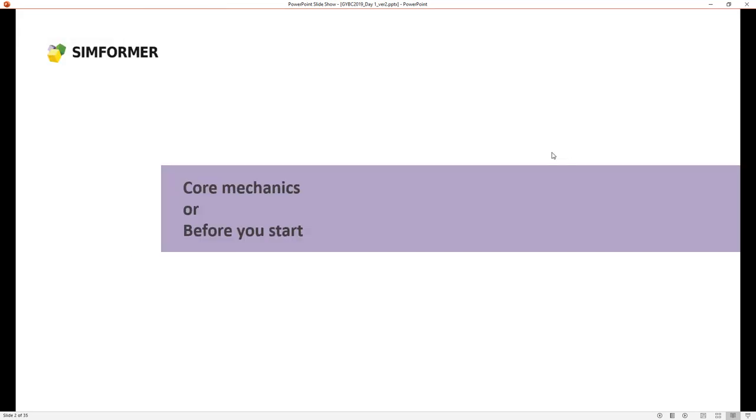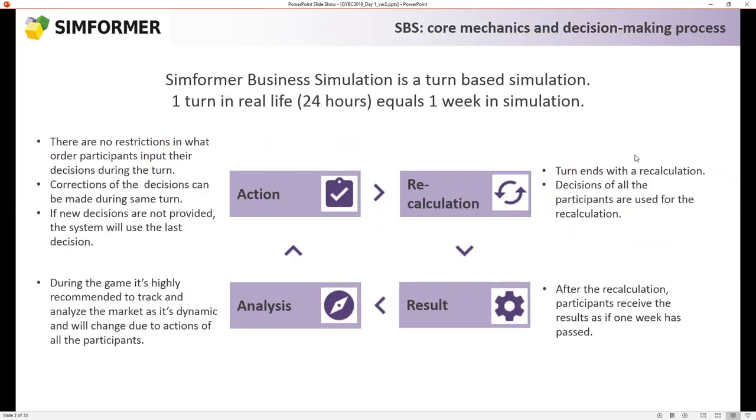Before we carry on into the details, we have to go through the core mechanics, right? SimFormer Business Simulation is a turn-based simulation. Recalculations happen once every 24 hours, and one real day equals one week. Don't worry about reading, I will post these slides later on and you can review them as well.